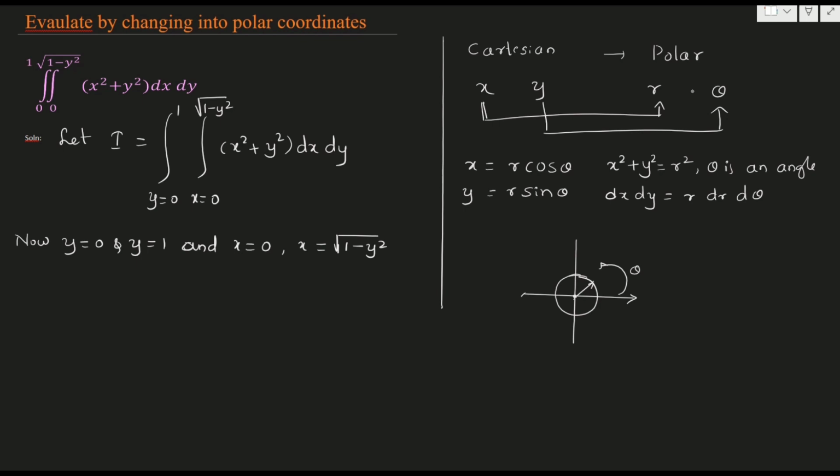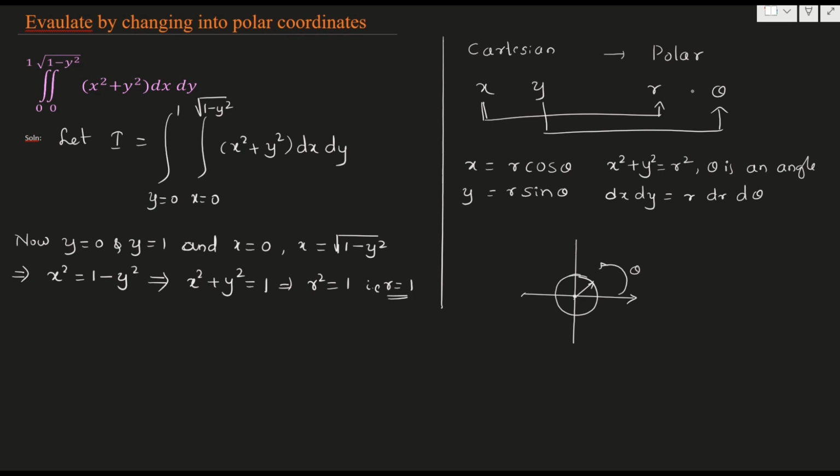So x equal to root 1 minus y square means, when you square this, x square equals 1 minus y square. What it implies is x square plus y square equal to 1. But we know x square plus y square equal to r square. So r square equal to 1, that is, r is equal to 1.